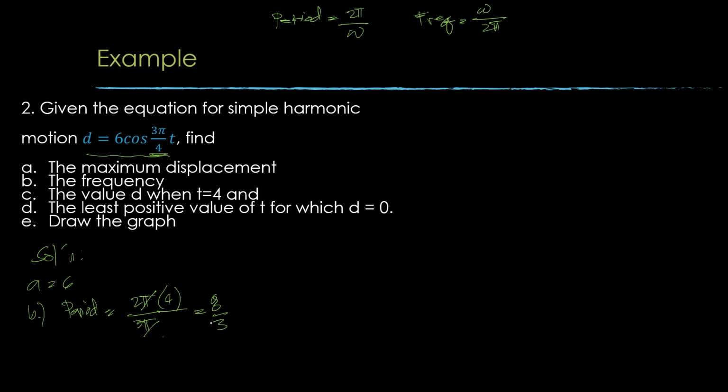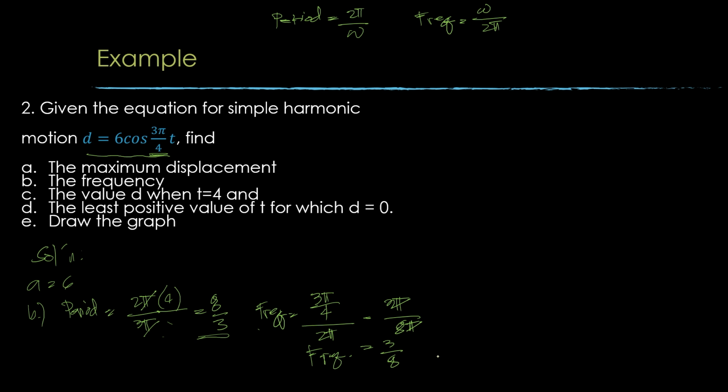Your frequency is therefore equal to omega over 2 pi. Your omega is 3 pi over 4, over 2 pi. So 3 pi over 8 pi. Cancel, and your frequency is 3/8, or the reciprocal of your period.